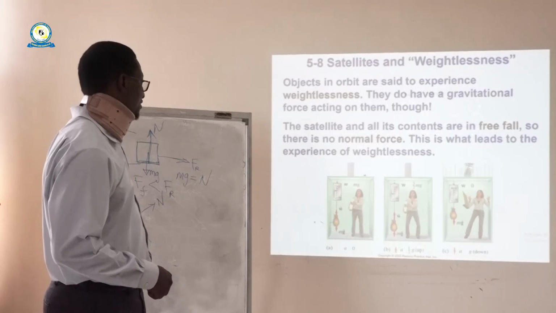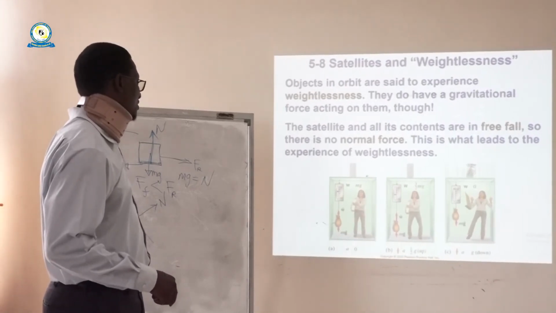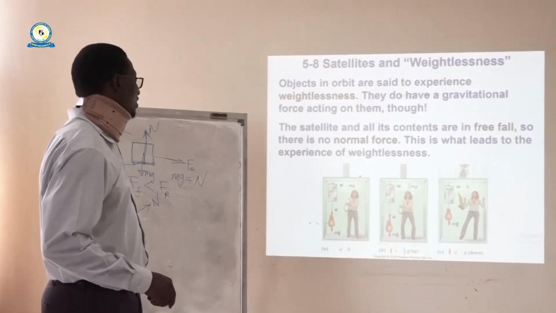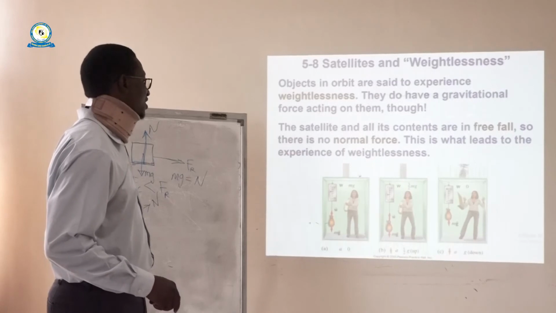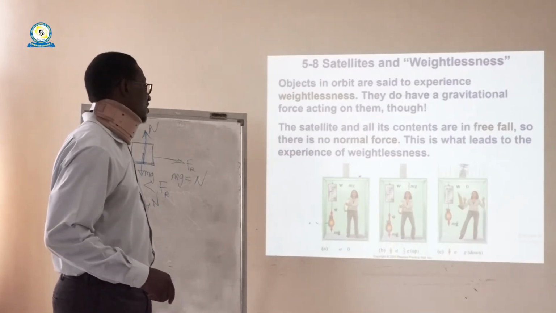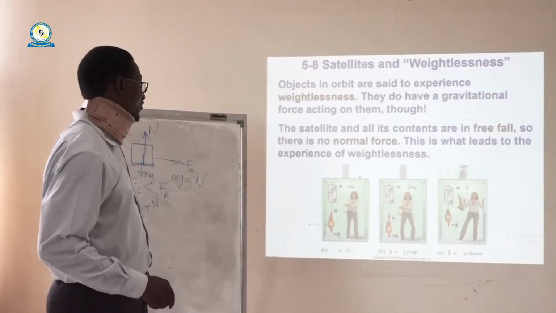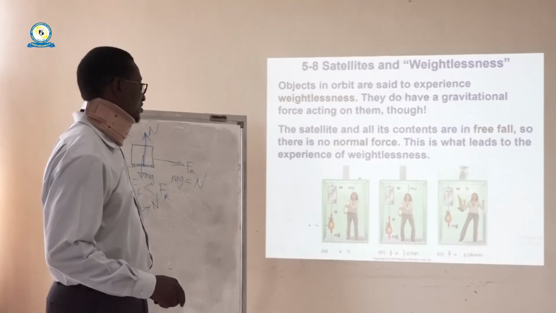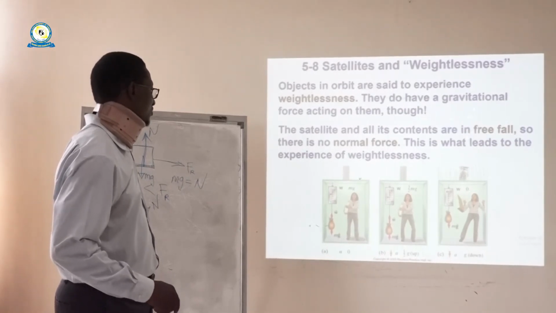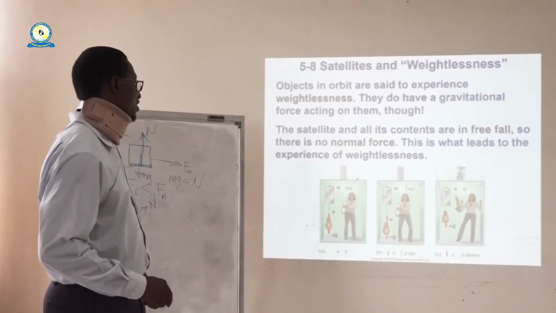This is like a lift in 3 cases. Acceleration here is 0. Acceleration is half g going up, and with the acceleration down, acceleration equal to g, it feels no weight. This one is not feeling weight. Weight is equal to 0. Weight here is mg, weight here is half mg.